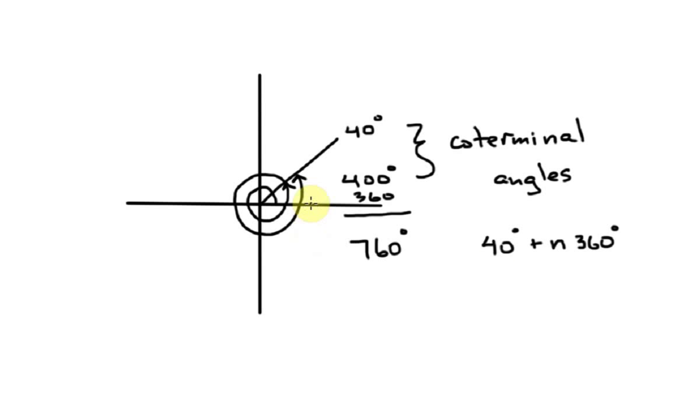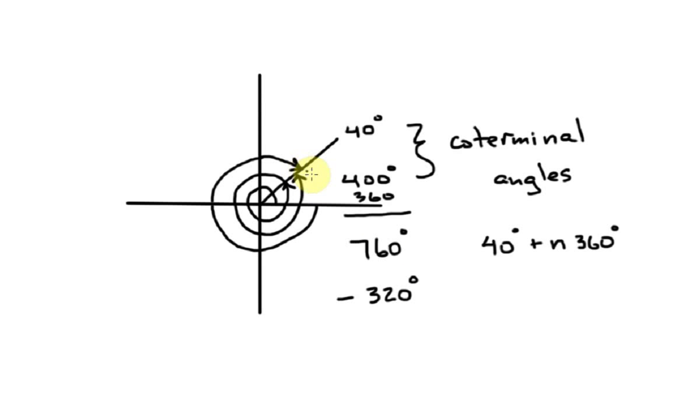Now, I could also rotate in a negative direction. Like, what if I went in this direction, and there's negative 90, negative 180, negative 270, and then what do I need? I guess I need 50 degrees more to get to here. So that would be negative 320. That would be coterminal, right?